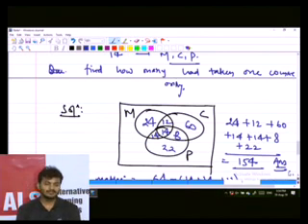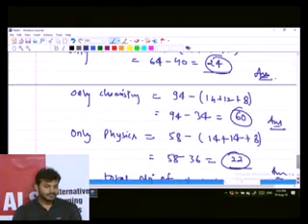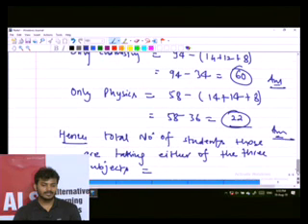154 is the answer, where we can say that these are the number of students studying any of the three subjects. All right. Please tell me if you have any doubt, anyone. I'll give you one problem.